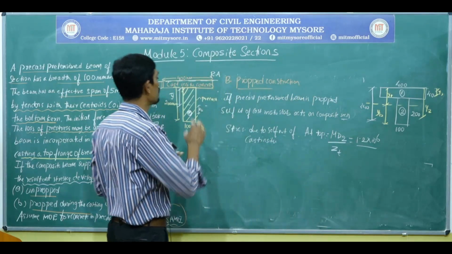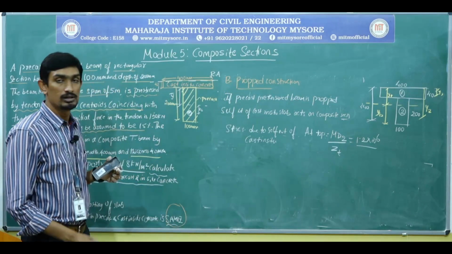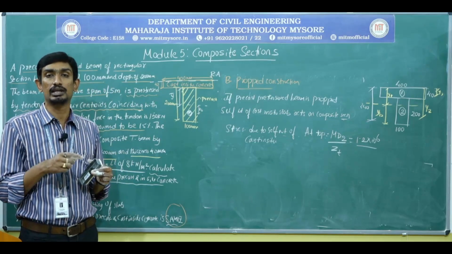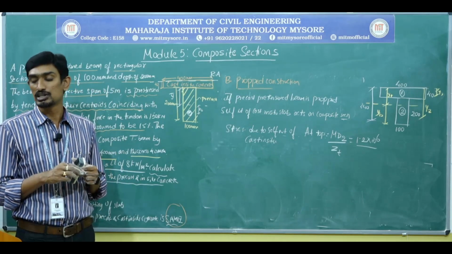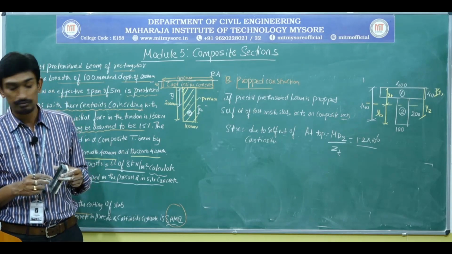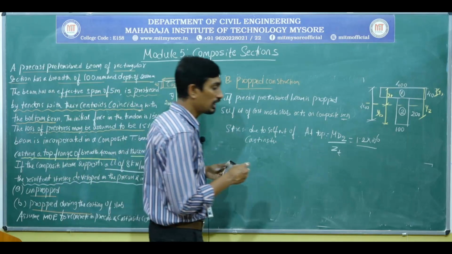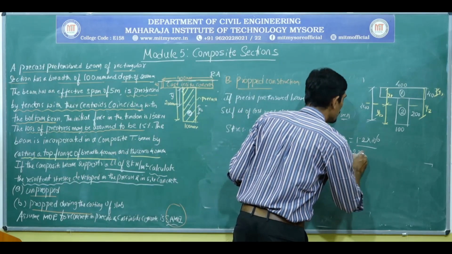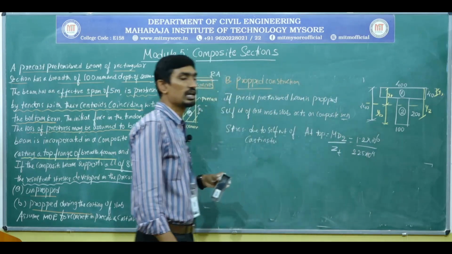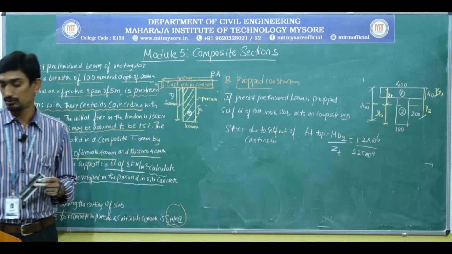But there Z top was for the precast section, whereas in the case of propped construction, I need to consider the Z top value of the composite, that is 225 into 10 to the power of 4. So this is the only change between unpropped and propped case.